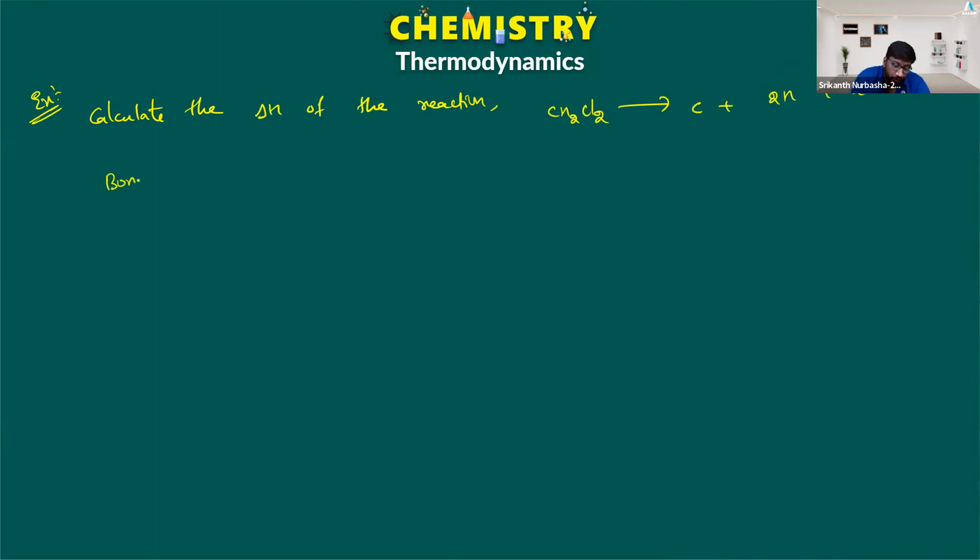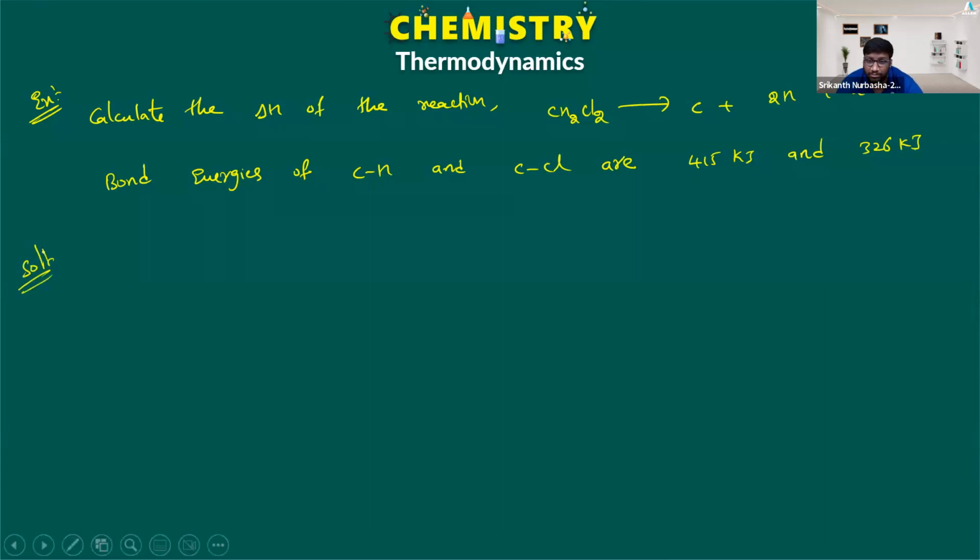Bond energies of CH and CCl are 415 kilojoules and 326 kilojoules. Solve it, all of you.